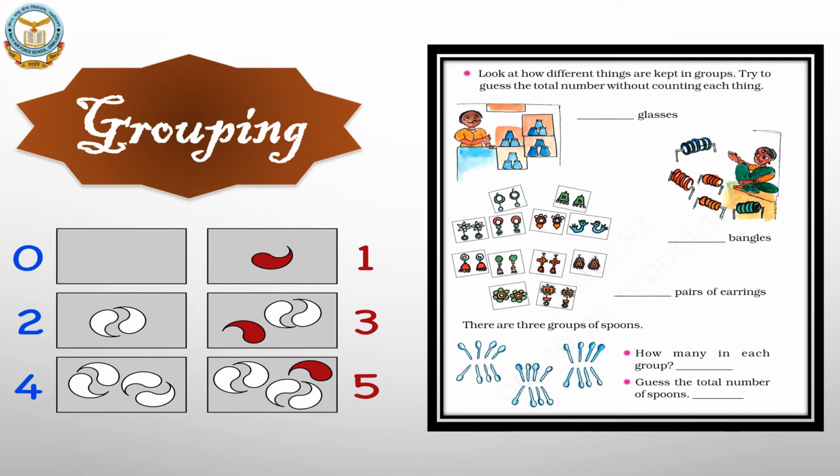Then when we move to the last box, here number 5 is written. It means we are having 5 objects in one group. So in this way, you can arrange any number of objects in a particular group. Here is the second picture in which you can easily group them according to the conditions.